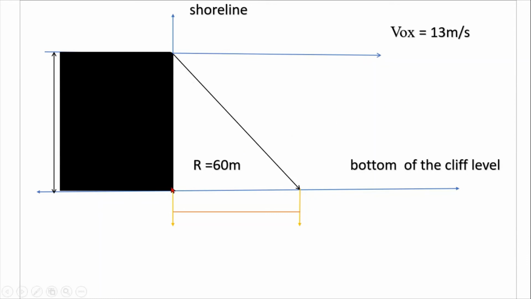This horizontal distance from the shoreline to the landing point of the car at the bottom level represents the range. The blue lines represent the bottom and top level of the cliff. The top line also represents the horizontal velocity of the rolling car at the initial condition.